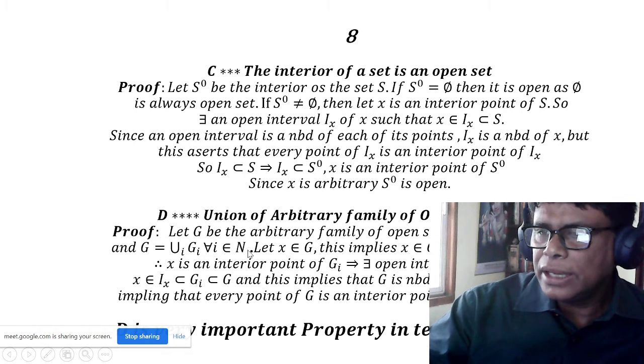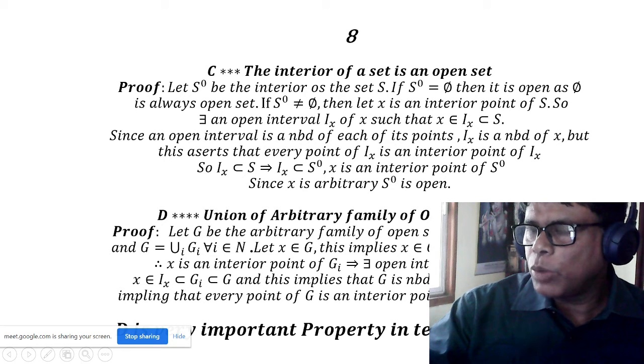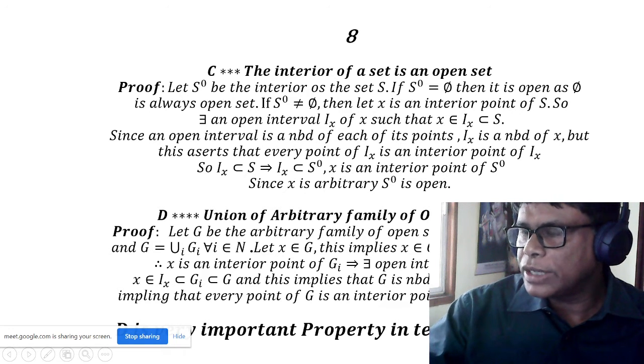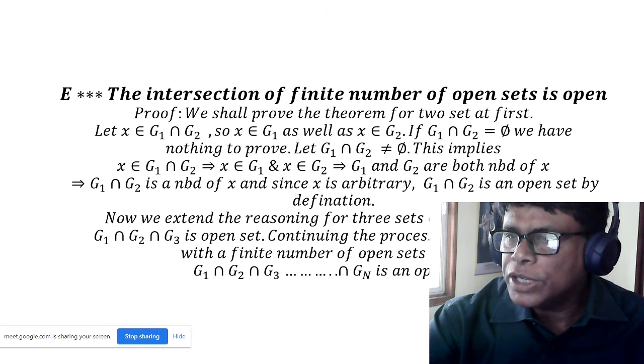But what is G? G is nothing but the union of all Gi. Since the Gi are open, their union G is also open. So this is about D.